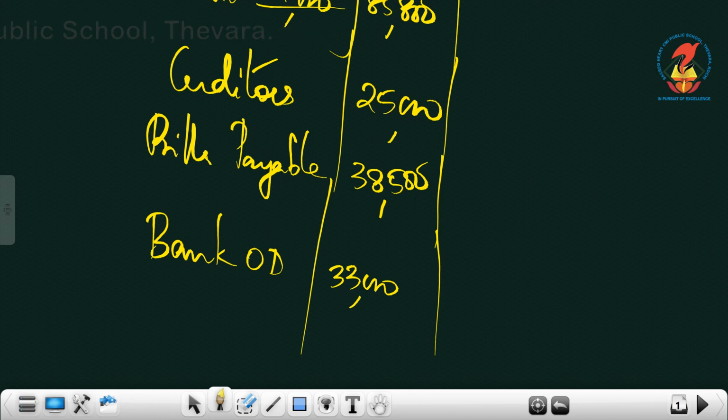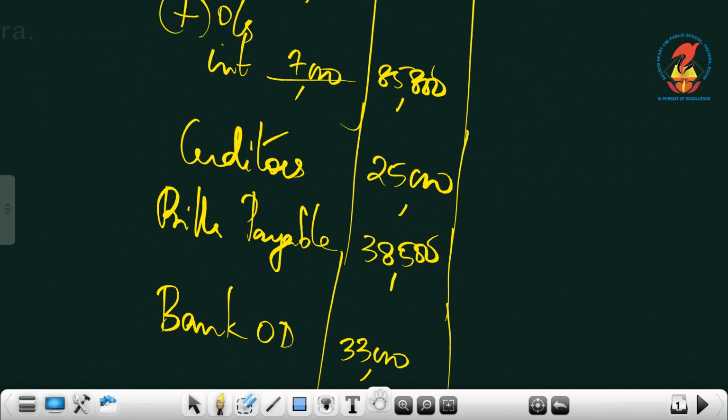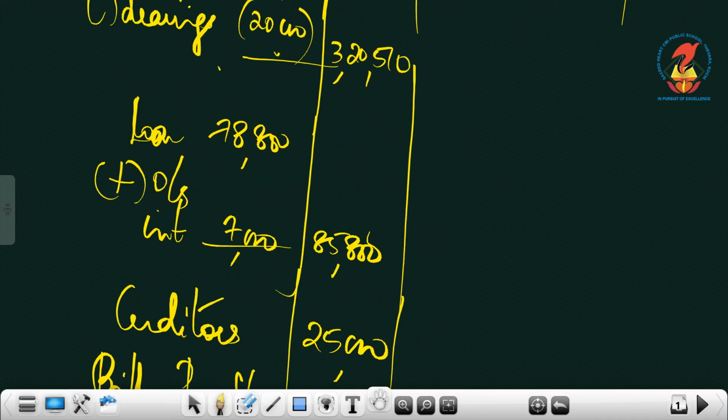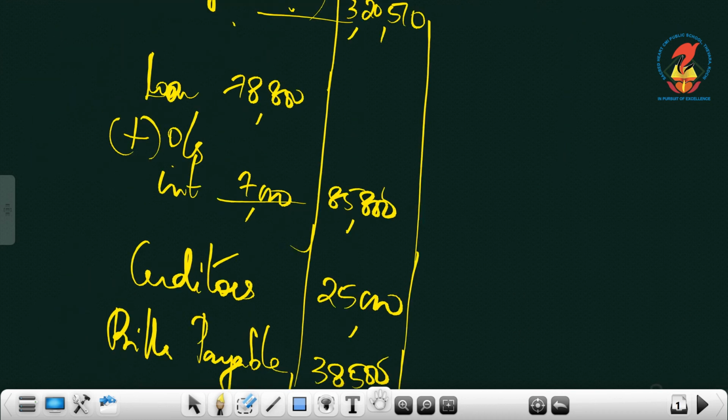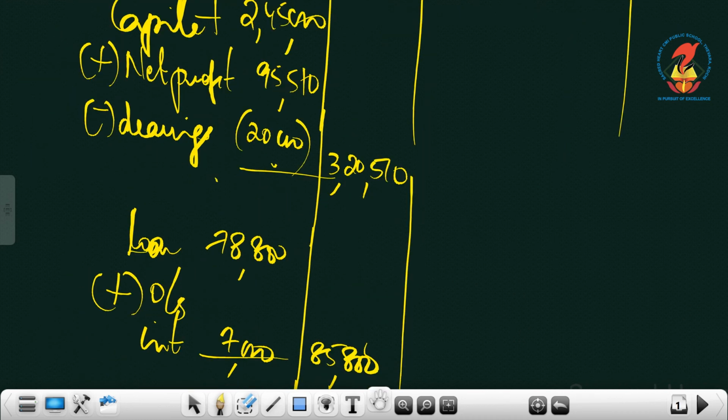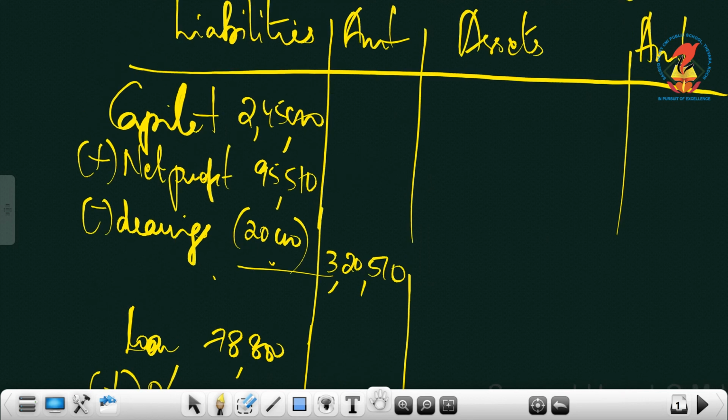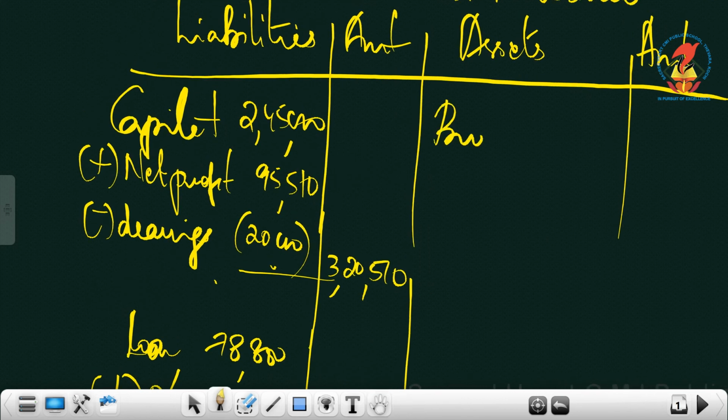On the asset side, you have to see the fixed assets given. The first fixed asset given there is building, but it's not having any adjustment. So you can directly write the amount in the outer column. So write building and the amount is 1,10,000. Write in the outer column directly.